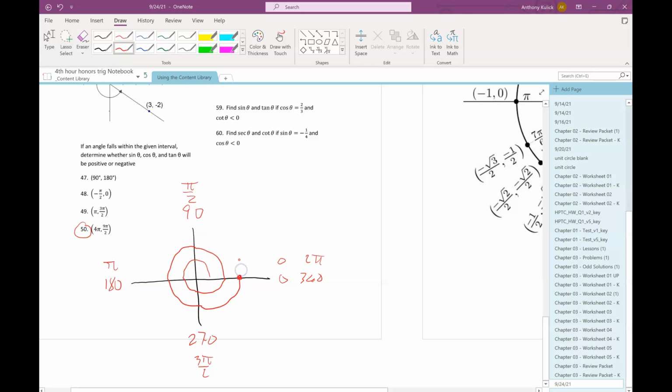So starting here to 4.5. So I'm really just worried about quadrant 1. Okay with that? Now I know that sine is y, cosine is x, and tangent is y over x. In quadrant 1, both x and y are positive. So here all of them are positive.